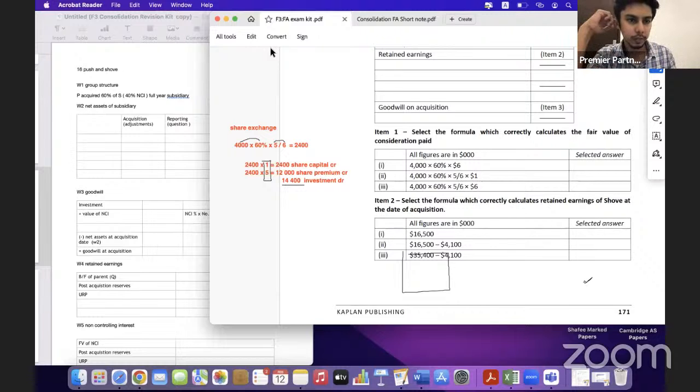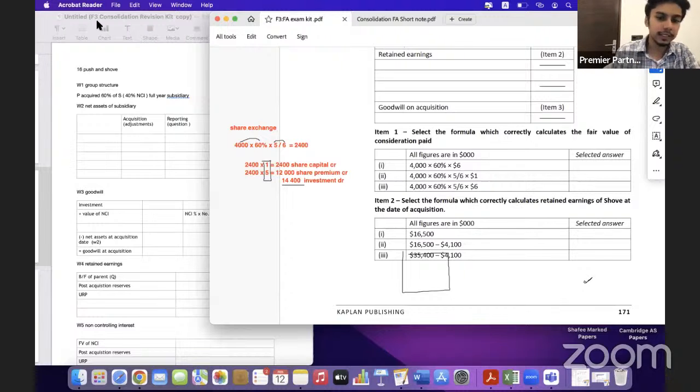Then the answer is exactly coming to 12,000. No, yeah. What you're saying is correct. 4,000 into 60%.